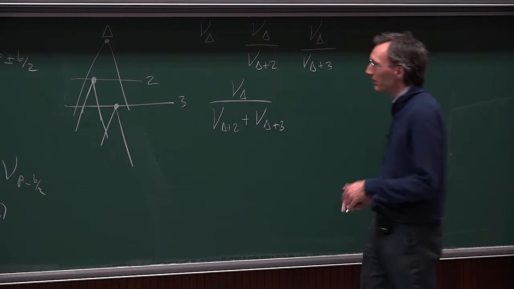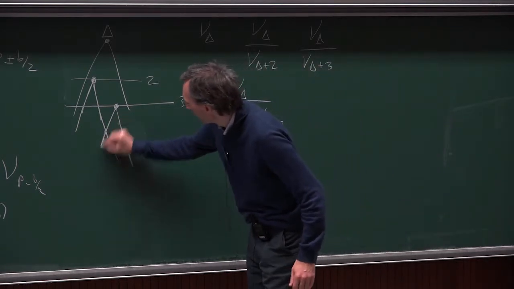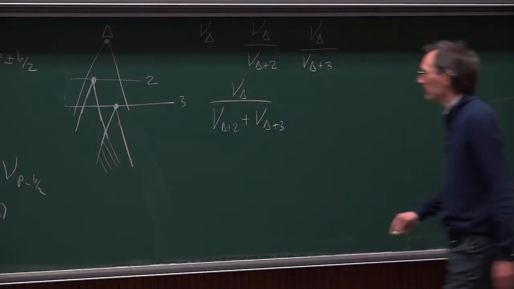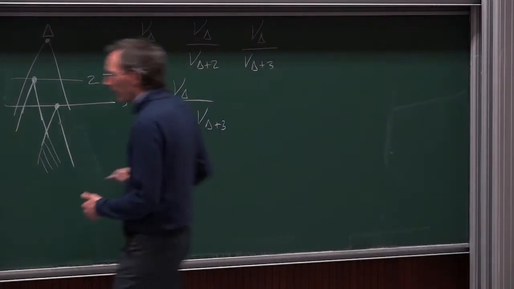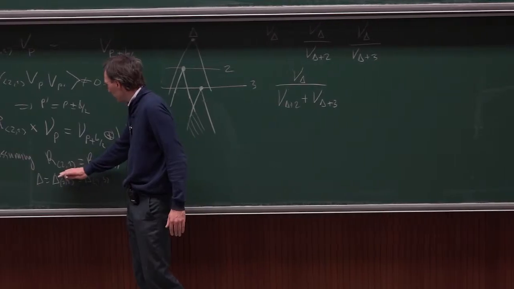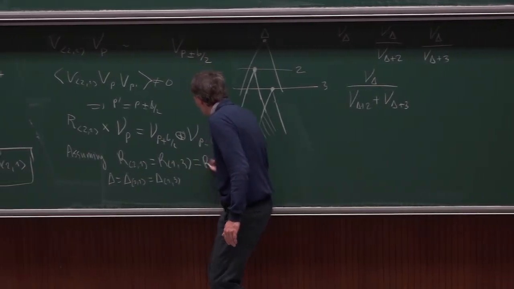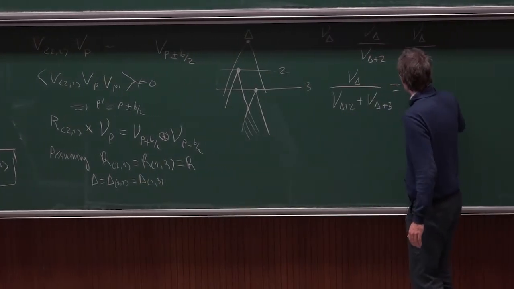It's not a direct sum, because these two submodules overlap. And that's what I'm doing here: by writing this equality, I'm essentially taking a representation R where these two null vectors vanish.